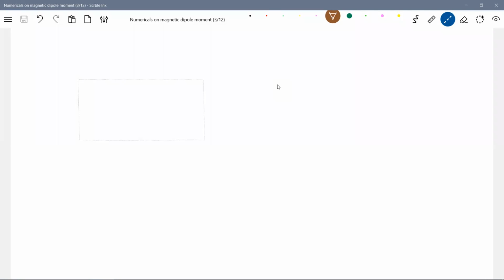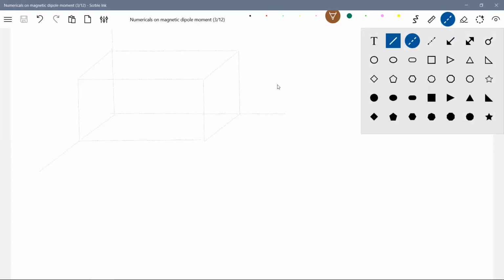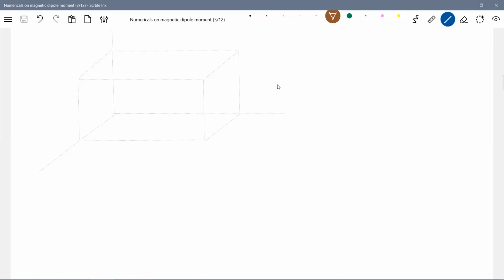I will try to draw a better diagram. Yeah, fine. You see this? Okay, now I'll bring the straight lines. It's also a very good problem.